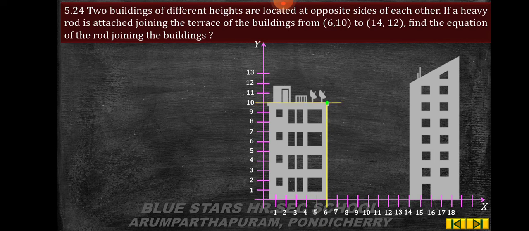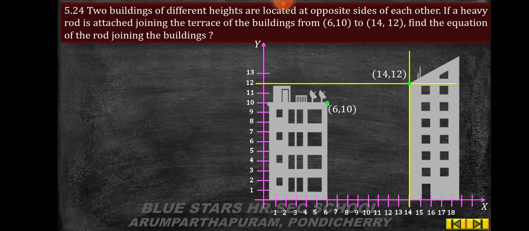Then the first coordinate is (6, 10). This is the first point, or otherwise the terrace of the building. Then the second building, the coordinates are (14, 12).